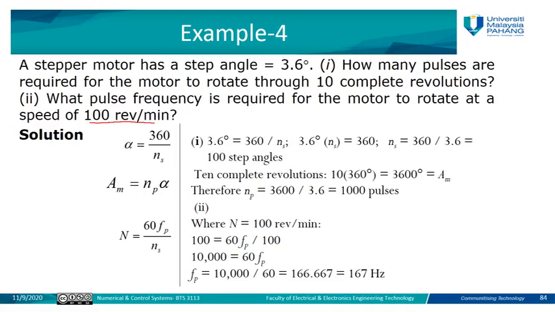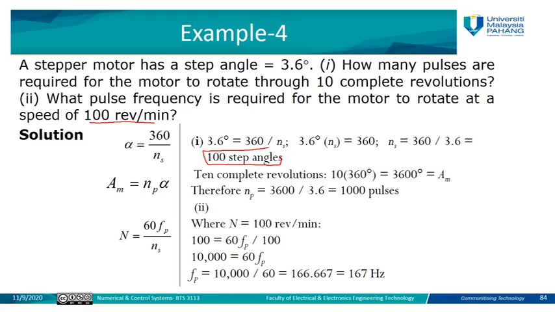So we have some formulas here. Alpha is equal to 360 over Ns. We already have alpha, which is 3.6, so we can calculate the value of Ns, which will be equal to 100 steps. Then, if we have 10 revolutions, that will be 10 times 360, so 3600 degrees.